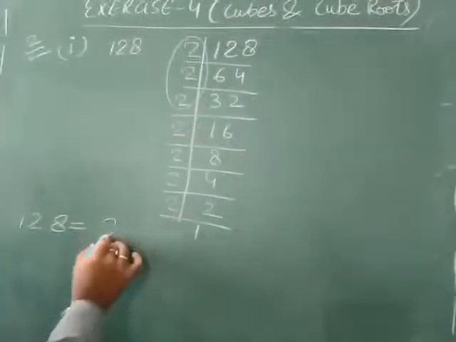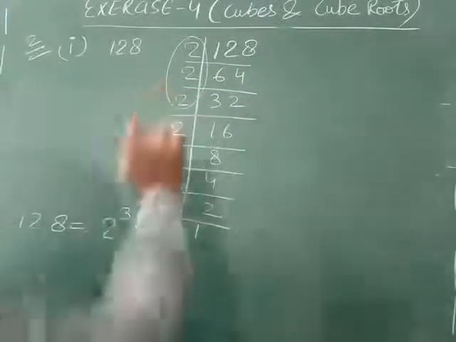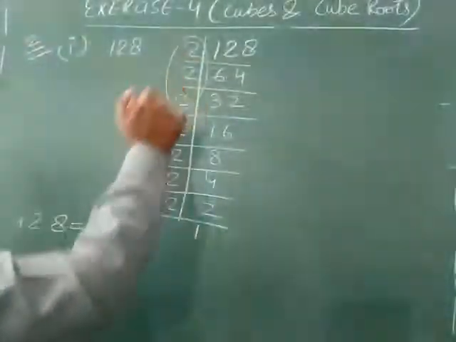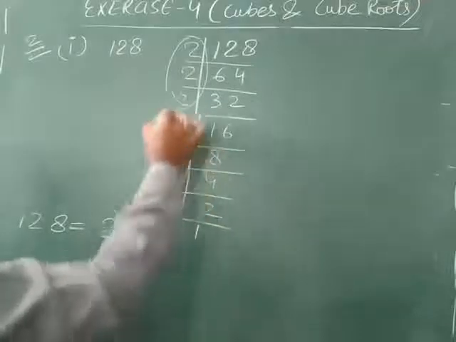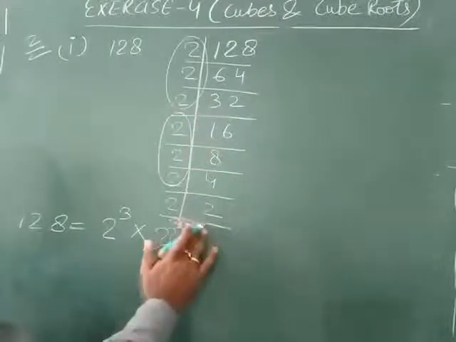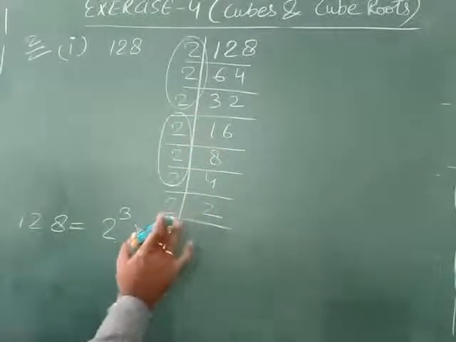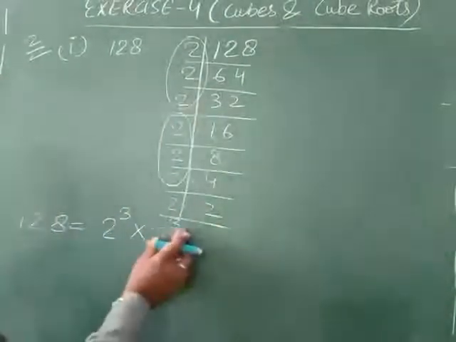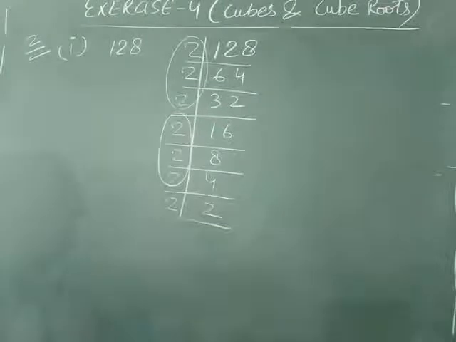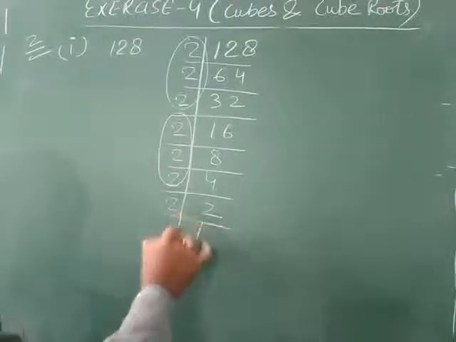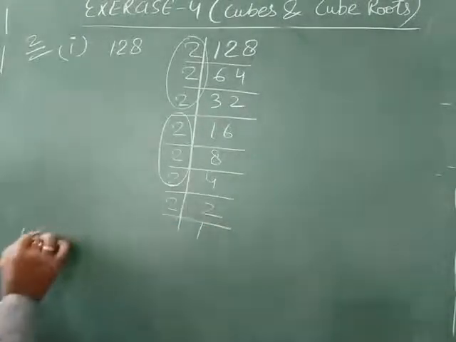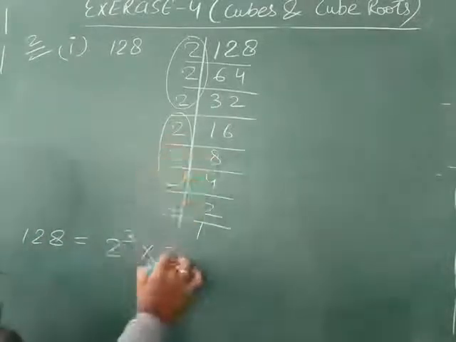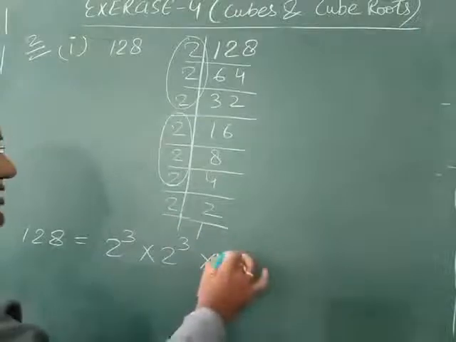this, we can write 2 power 3. How many times this 2 is coming? 3 times. So what you will do, you will write it as 2 power 3. This one also you will write as 2 power 3. And at last, what is remaining? 128 answer is 2 power 3 into 2 power 3 into 2 is remaining.